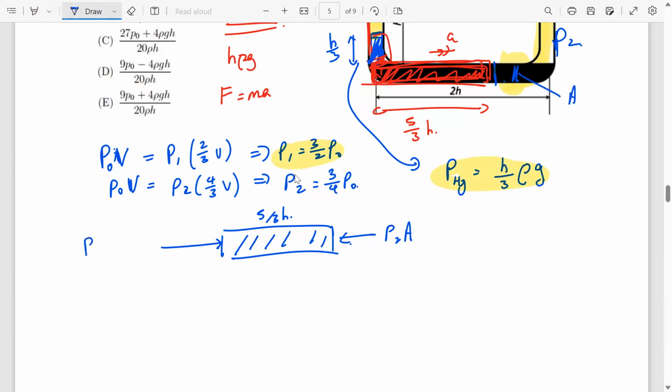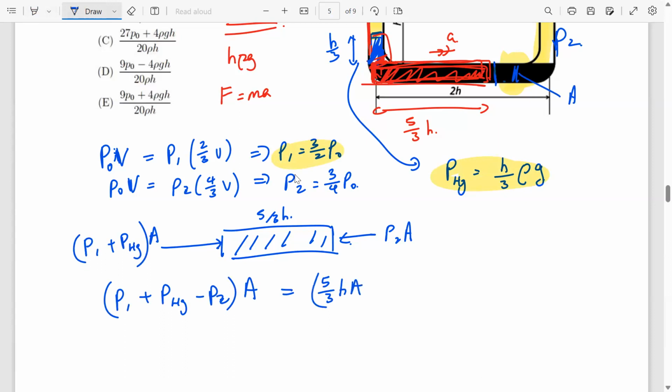This is going to be P1 plus rho H G times A. So the resultant force, P1 plus rho H G minus P2 times A, is equal to the mass times acceleration. What's the mass? 5 over 3 H times A, that is the volume of that mercury, times density. So this is the mass. This is F equals MA.